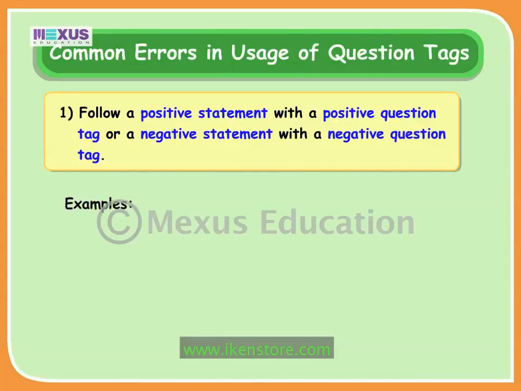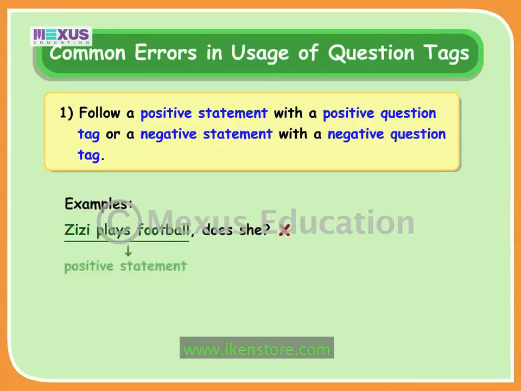For example, it is incorrect to say, "Zizi plays football, does she?" Here, a positive statement has been followed by a positive tag. We must use a negative tag with the positive statement and say this sentence as, "Zizi plays football, doesn't she?"